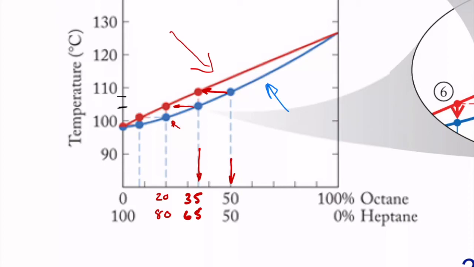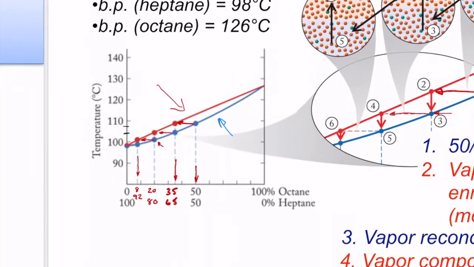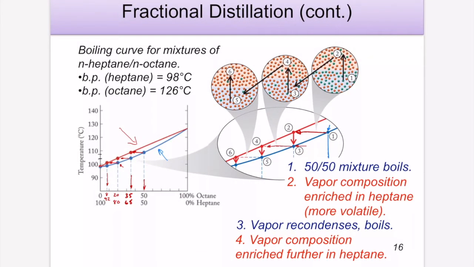And then as that comes to its boiling point, the composition of that vapor and the resulting condensed mixture is going to be, I don't know, you call that 8 and 92, for example. So 8% octane, 92% heptane. So if we continue this on and are able to evaporate and condense this mixture, eventually we'll get to a point where we have a very pure heptane solution, and it will have been separated from the octane. So that's the process of fractional distillation.